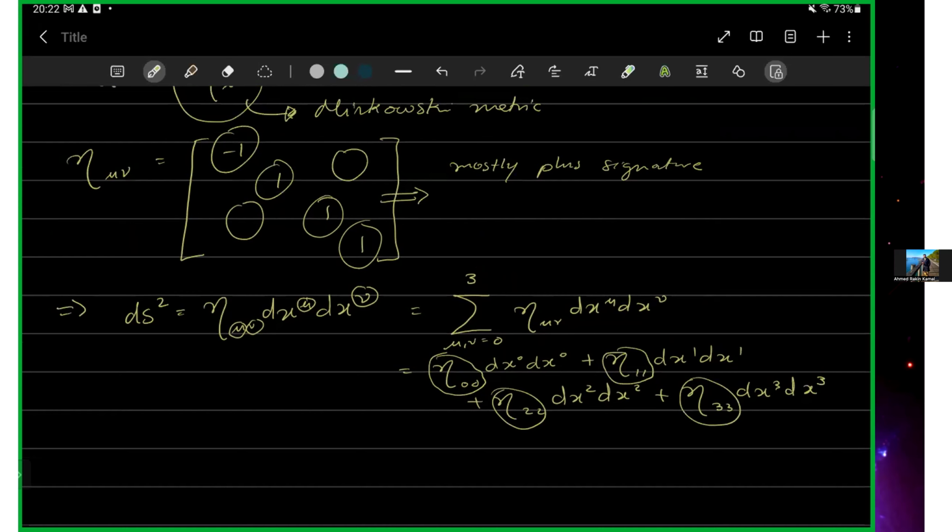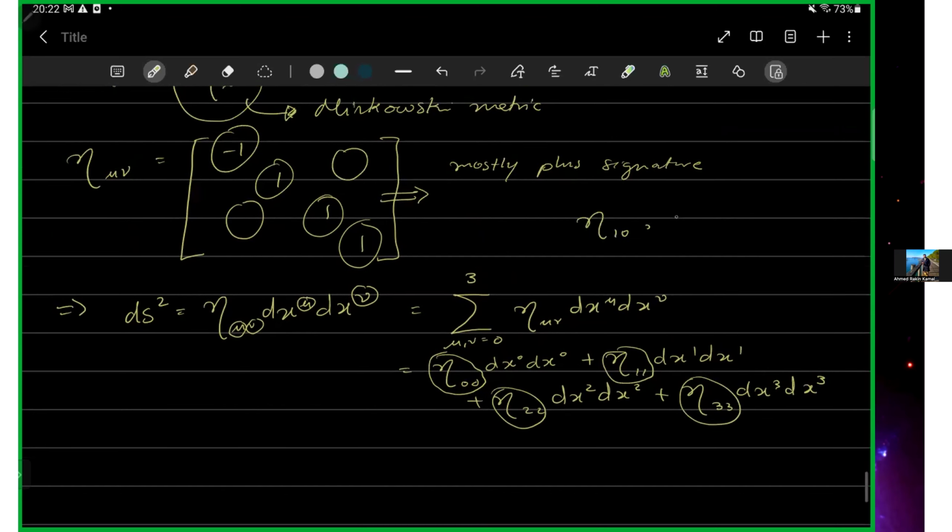Off-diagonal terms are 0, right? Even if I use, let's say, 1 0, or other permutations like 0 2, they would give me these components, which are either way 0. So they do not really contribute to the summation. Therefore, the only terms that contribute are the ones in the diagonal, and the diagonals have equal mu's and nu's, right?